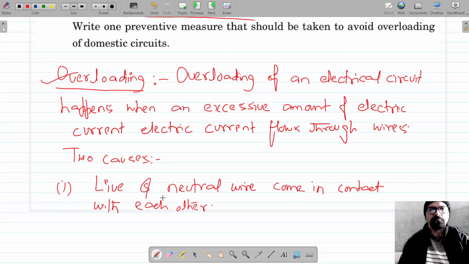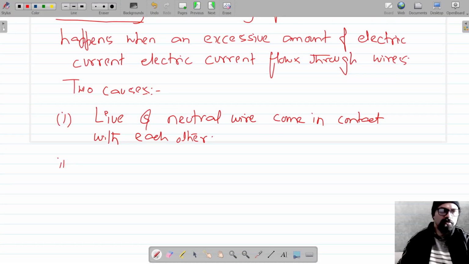Okay, this could be the reason, and for this, the reason could be that the insulation of the wires melts because of excessive use or because of the temperature. Or overloading also means that we are connecting too many appliances to a single socket.